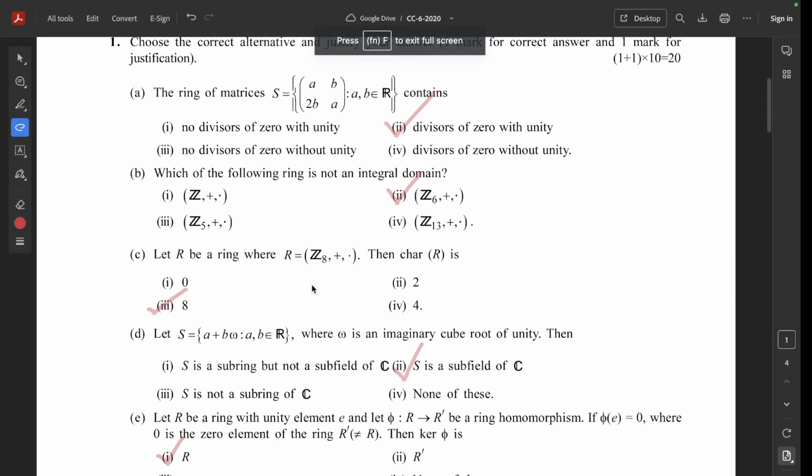Question 1b. Which of the following rings is not an integral domain? Correct option is 2, Z6 plus dot. This plus means addition modulo 6, and this dot means multiplication modulo 6.